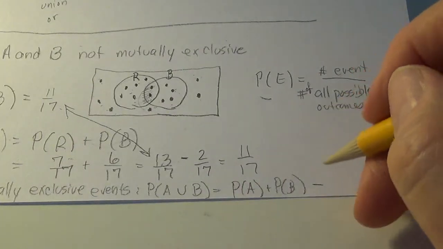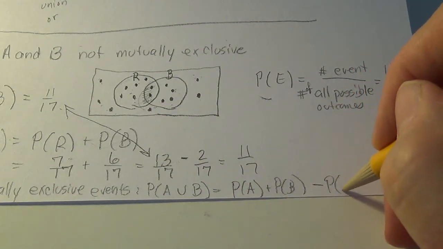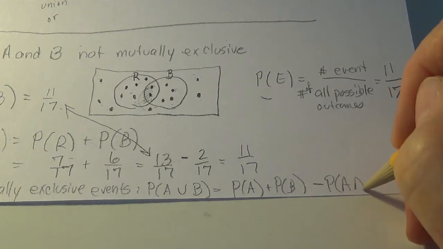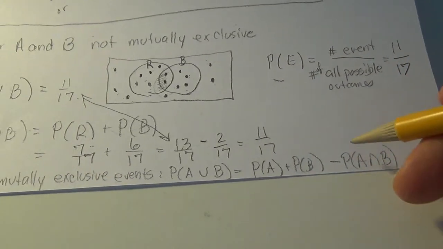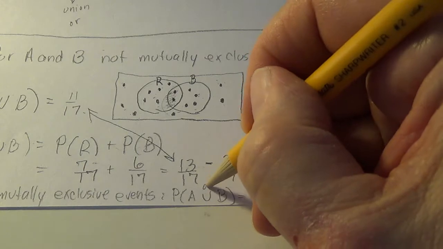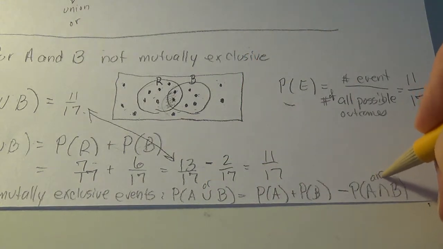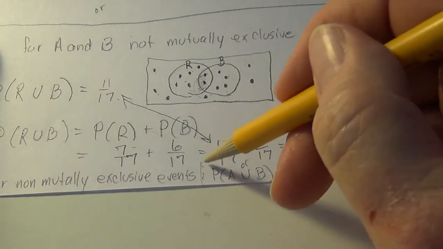And that can be told in symbol language, the probability of A and B, A intersect B. So remember, this is or and this is and. So this is the formula that will always work.